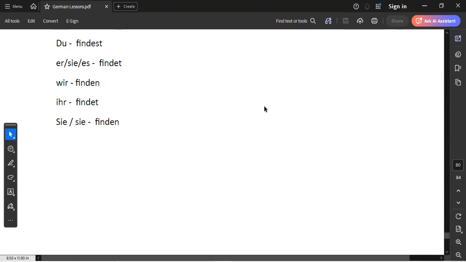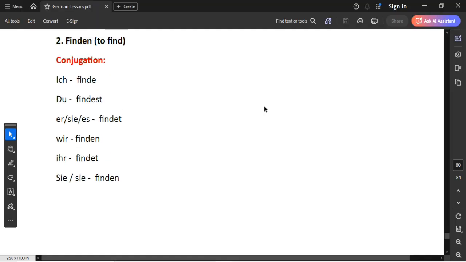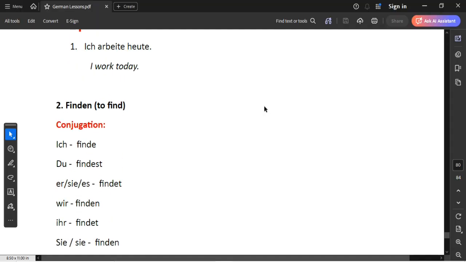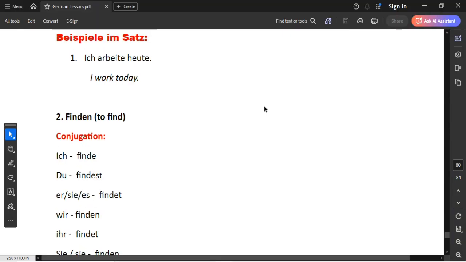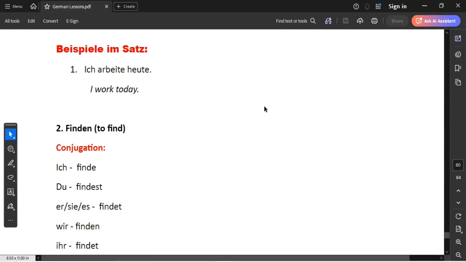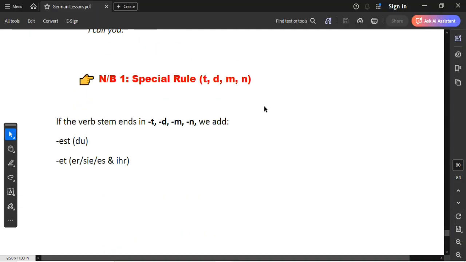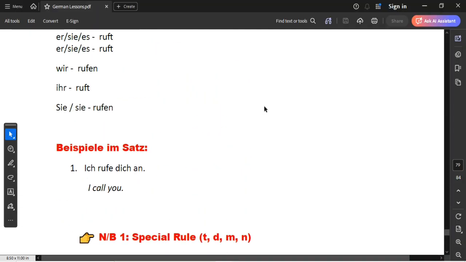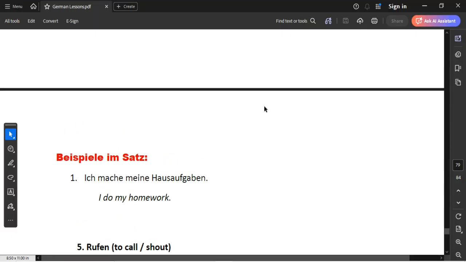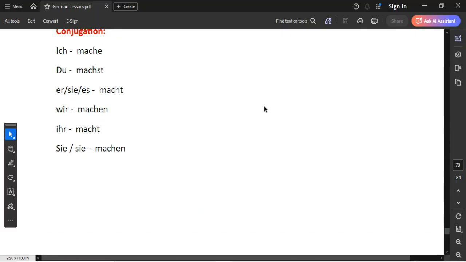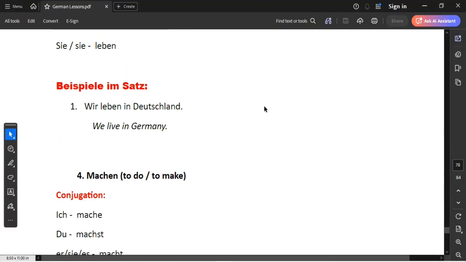And like I've always said, spare a few minutes of your time and practice on the same. Go ahead and find other verbs which you can conjugate so that you can understand much better. So having said that, let us meet in the next lesson.